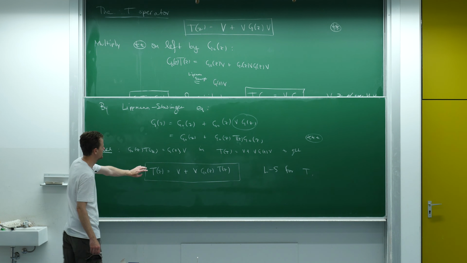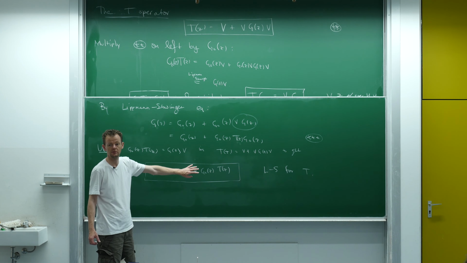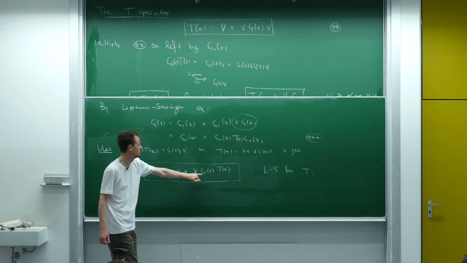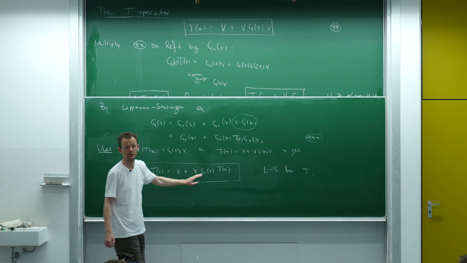It's this final equation here that we're going to use to build our perturbation series. What we have here is a linear equation for T involving stuff we know, V and G naught.